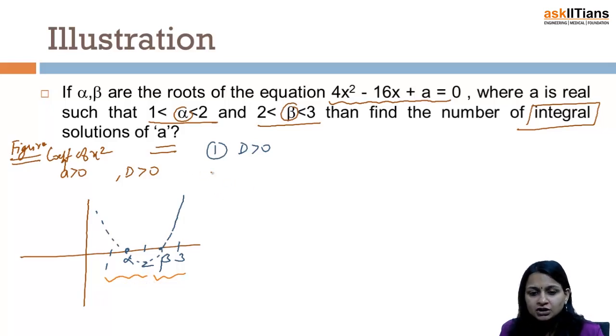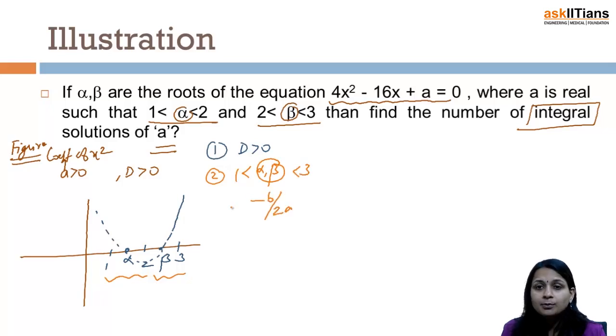So I can put a condition on minus b upon 2a only when I have some information about both roots. So both roots alpha and beta are lying between 1 and 3. That means minus b upon 2a, the point at which the minimum occurs, will also lie between 1 and 3. But 2 can lie anywhere, so I cannot talk about minus b upon 2a in reference to 2.